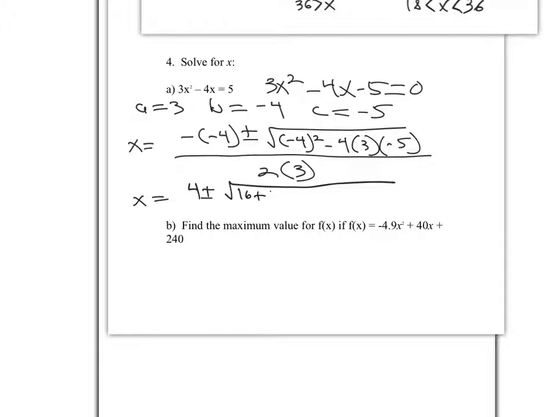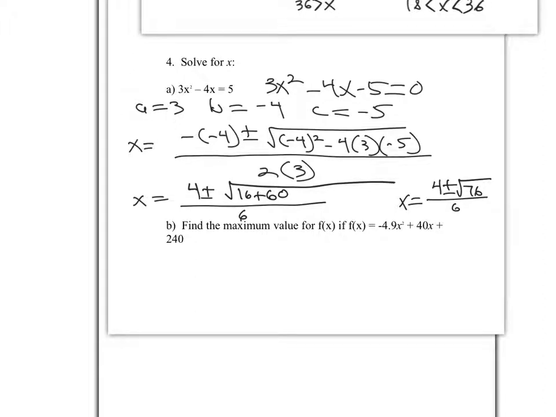So we're going to end up with plus 60. And all of that is over 2 times 3, or 6. So we're going to end up with x is equal to 4 plus or minus the square root of 76 over 6.